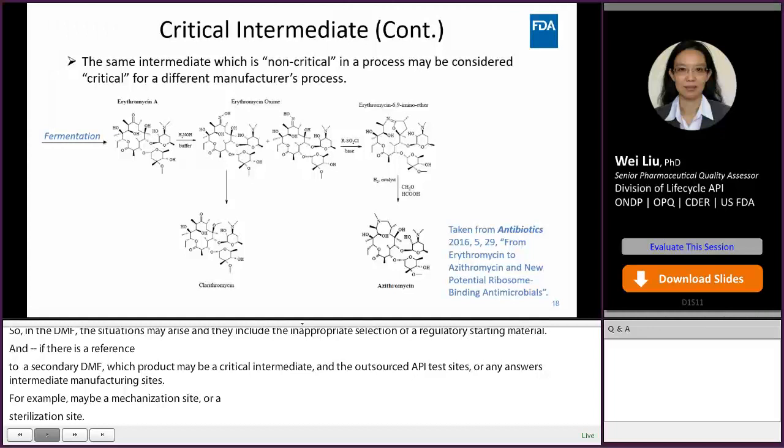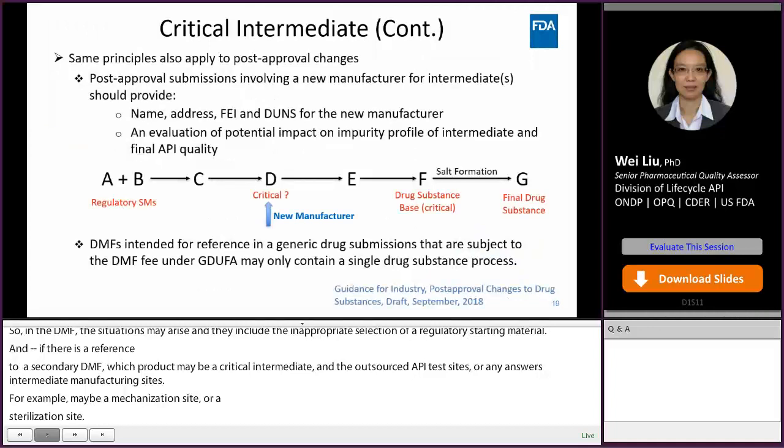Whether this fermentation product is critical or not would be determined by its own specification and its subsequent process controls till final drug substance. It could be considered non-critical for the drug substance of erythromycin, but critical for the drug substance of clarithromycin.